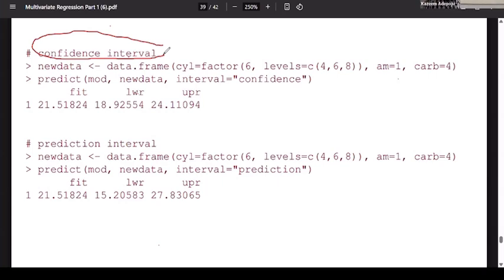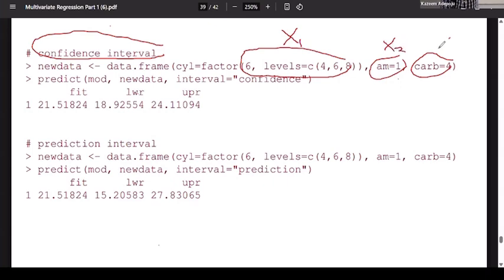the predictors. Out of the three levels of cylinder, maybe I have the information that it is cylinder 6. This is an engine with 6 cylinders, and my AM equals 1 and this one equals 4. It's more or less like in a multiple linear regression: I know the values of x1, x2, and x3.